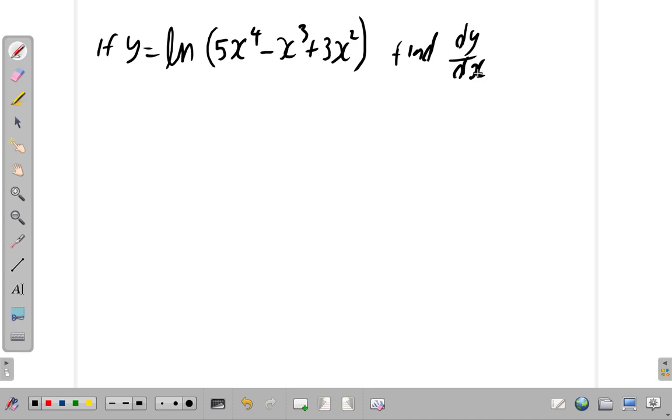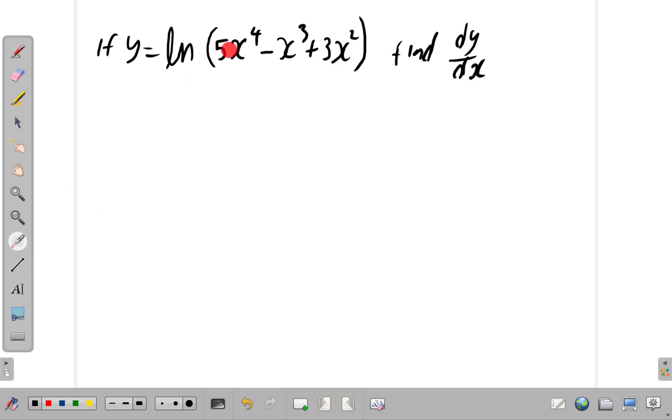Alright, from looking at this you can see that there's no simple way of working it out using straight differentiation, but what you have is a function of another function. ln of this is a function itself, right?